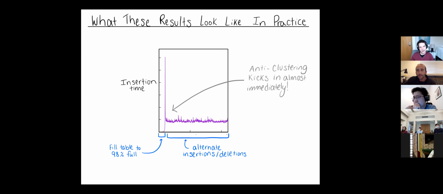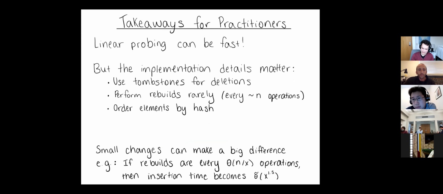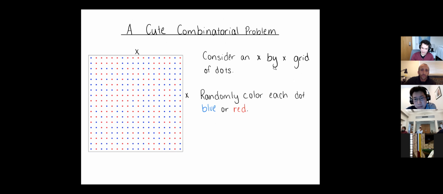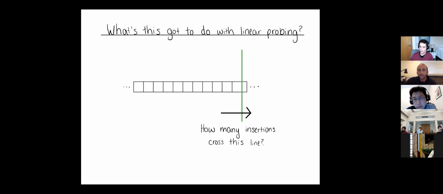Yeah, so that's an interesting question, and I think there's interesting research to be done here, because one of the things about our analysis is that we don't analyze insertions individually. We analyze this proxy for insertion time, which is how many insertions cross this line.